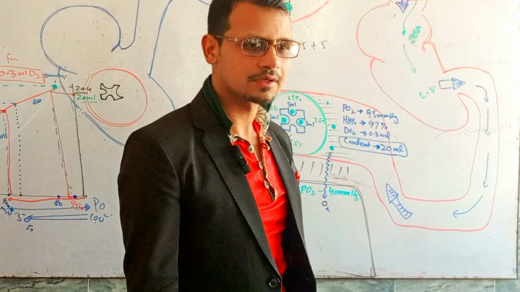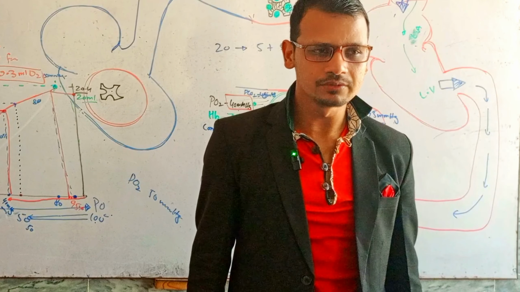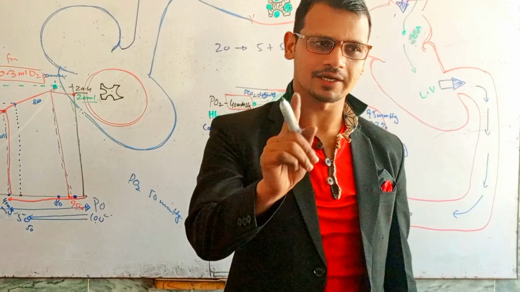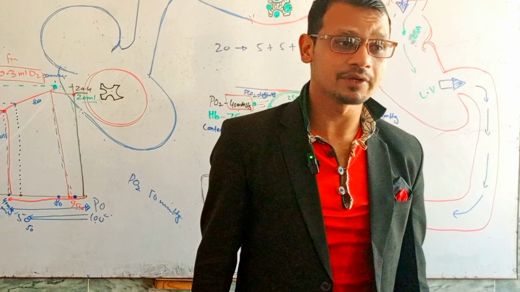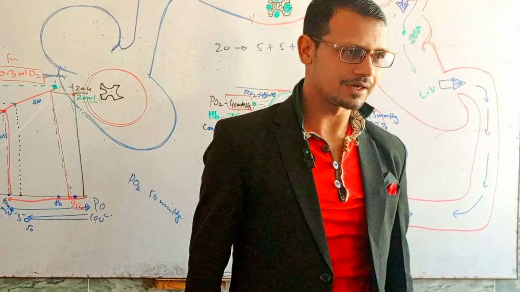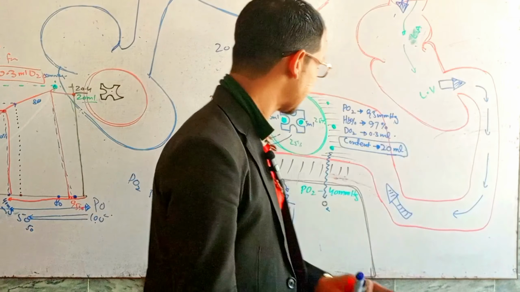Of course, the books say that one hemoglobin can bind 4 oxygen, and it will carry only 1 carbon dioxide in the form of bicarbonate ions. We will discuss this in gaseous exchange, right?